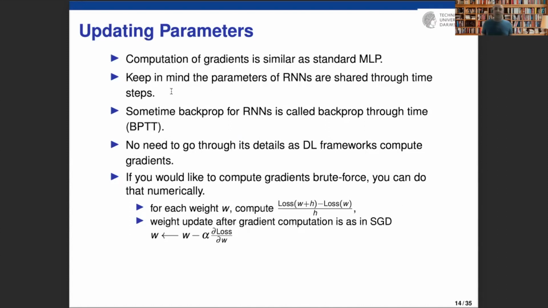So for updating the parameters, we compute the gradients using backpropagation. Just like we have the loss, we give it to PyTorch or some deep learning framework, and that framework usually computes the gradients for us. The only thing that you should keep in mind is that parameters of RNNs are shared through time steps.